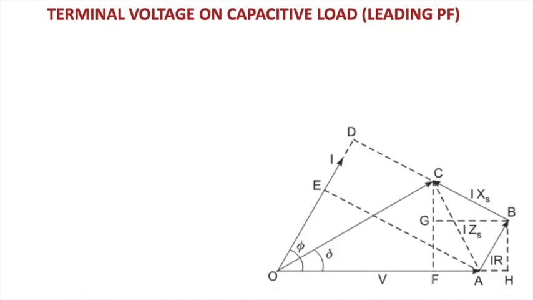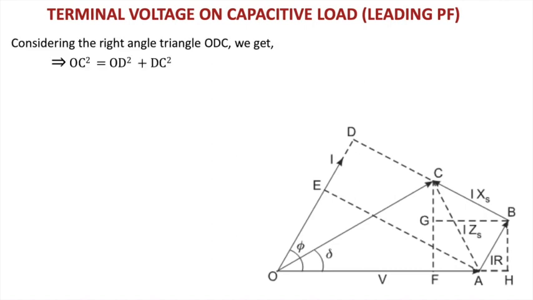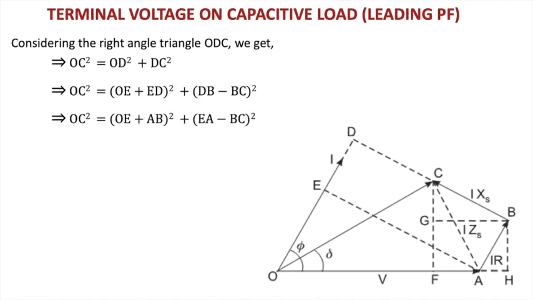So for the capacitive load, the current will be leading the voltage by an angle phi. Again it has been resolved into different parts. OC square will be equal to, because OC is E0, OD square plus CD square. You can segregate into two parts and get the actual value, and therefore E0 square is equal to (V cos phi plus IRA drop) square.